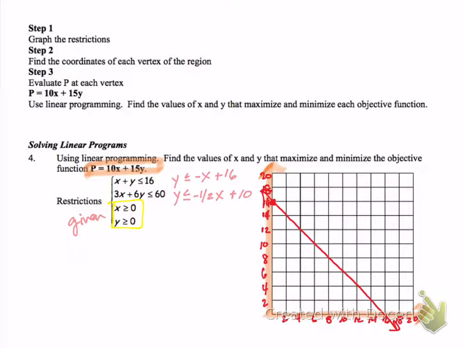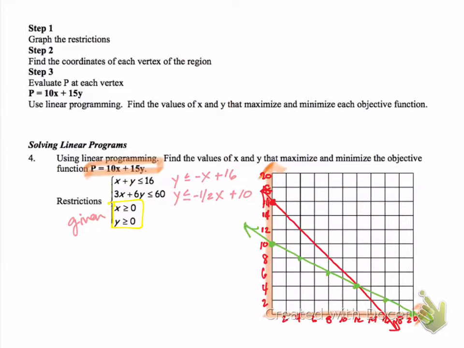Then for my second one, has a y-intercept at 10, and it's a slope of -1/2. So down 1, right 2, down 1, right 2. So this line looks something like this.